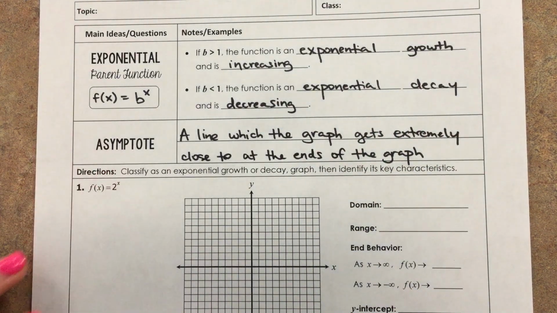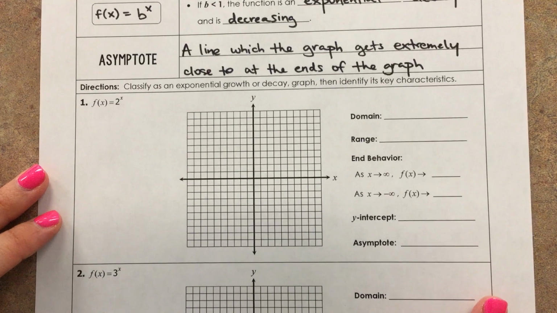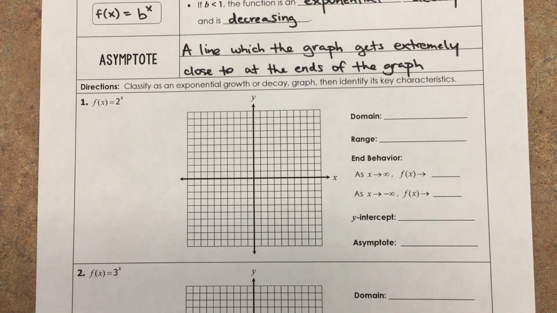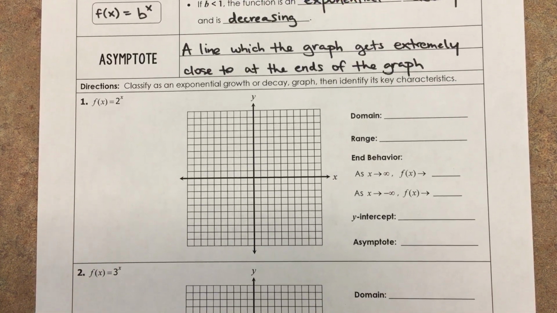So you'll see what that means once you actually see an asymptote at play. One of the definitions is that it's a line that the graph gets really close to but never crosses, and that's not technically always true, so I don't want to give you guys that part of the definition.